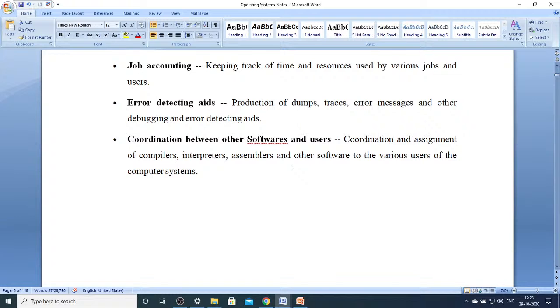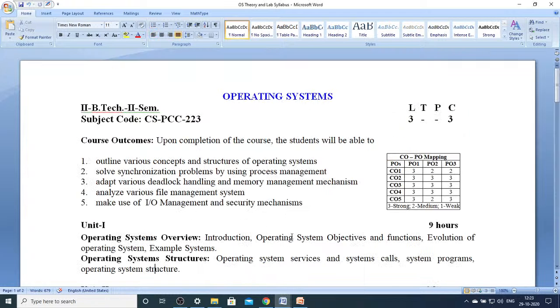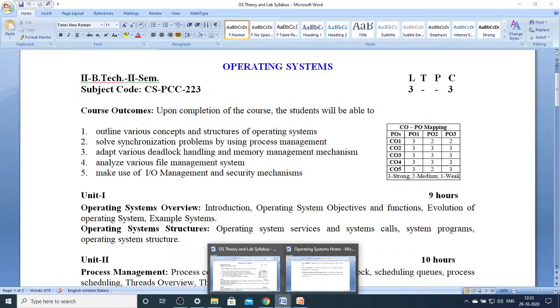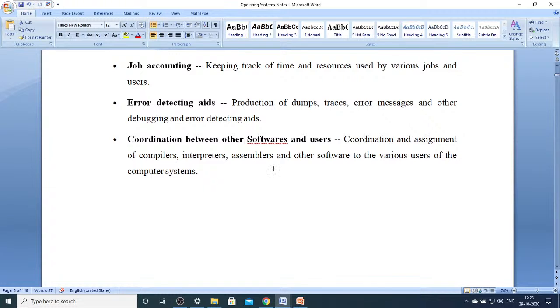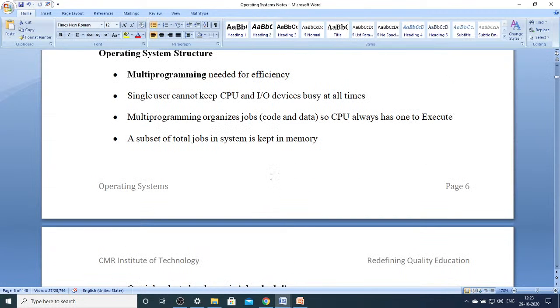And next, coming to the second question, that is the evolution of operating systems. With regard to the evolution of operating systems, I hope you remember the various evolutions that we have covered. We discussed the first evolution, that is batch operating systems. Starting with batch operating systems, we have discussed multi-programming and time sharing systems.